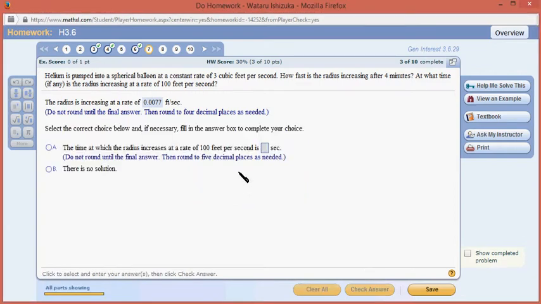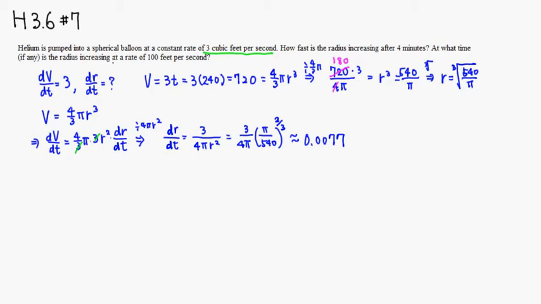For the second one, we need the time at which the radius increases at the rate of 100 feet per second. So dr over dt, the rate of change of radius, which we found to be 3 over 4 pi r squared, at that point we want to be 100.